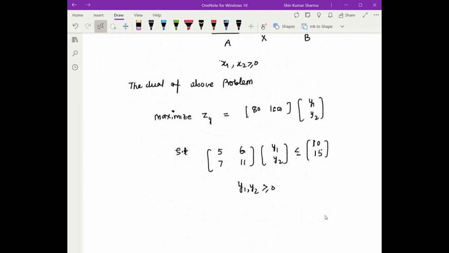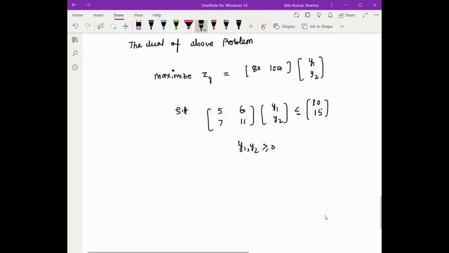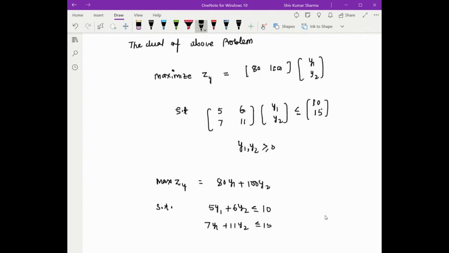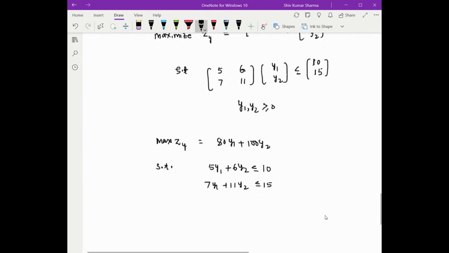So this problem can be written as maximum of Z of Y, 80 Y1 plus 100 Y2, and subject to constraints 5 Y1 plus 6 Y2 less than equal to 10, 7 Y1 plus 11 Y2 less than equal to 15, and Y1, Y2 greater than equal to 0.